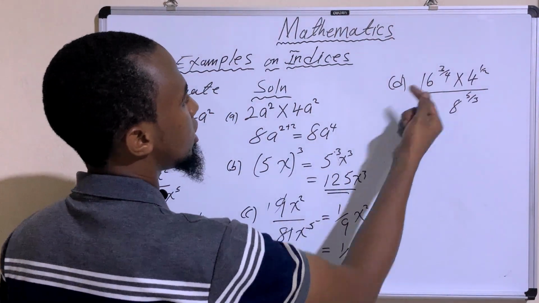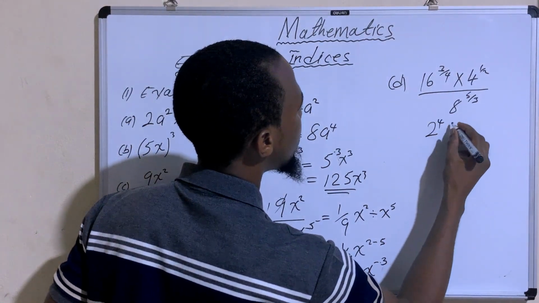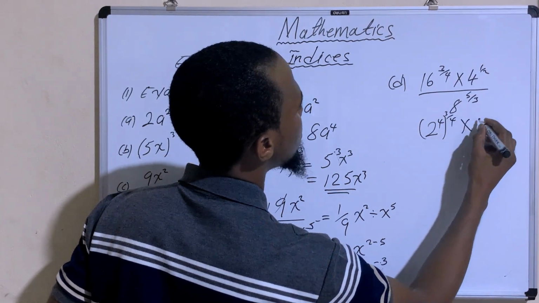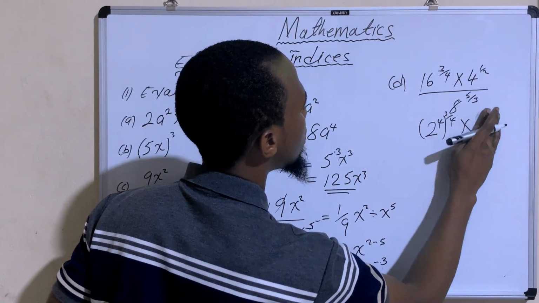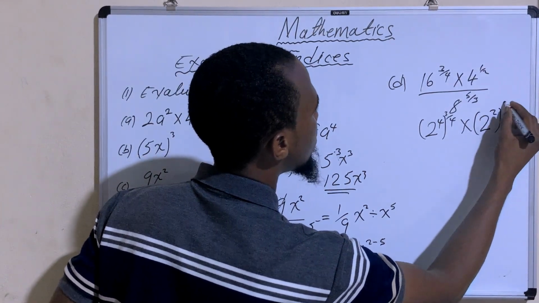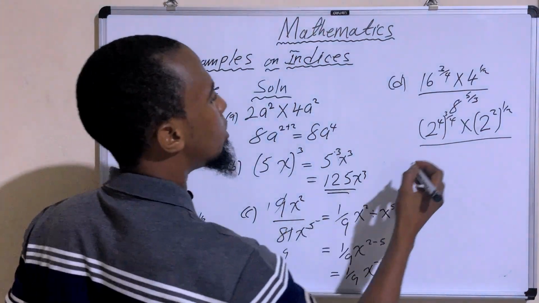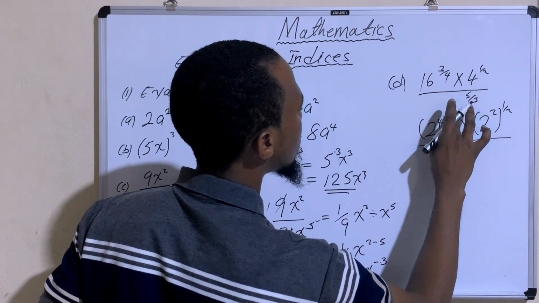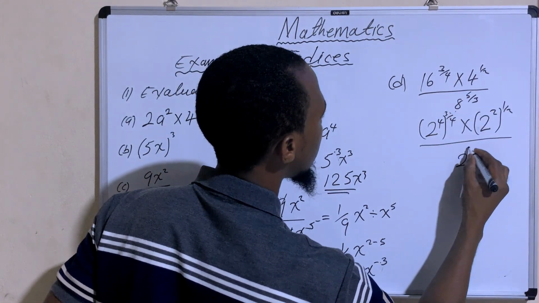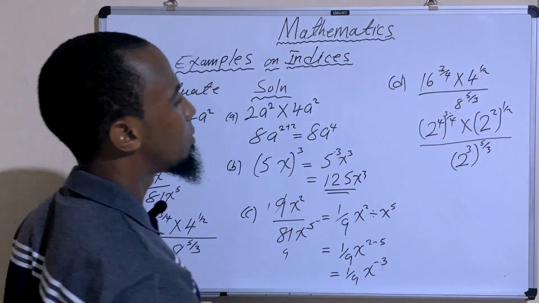That is, we can say 16 is written as 2 to the power 4, raised to the power 3 over 4, times 4, which is written as 2 to the power 2, raised to the power 1 over 2. We divide this by 8, which is written as 2 to the power 3, raised to the power 5 over 3.